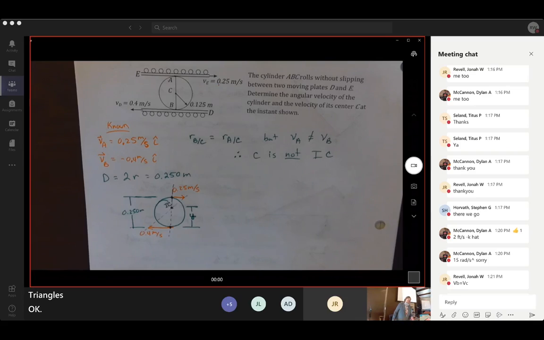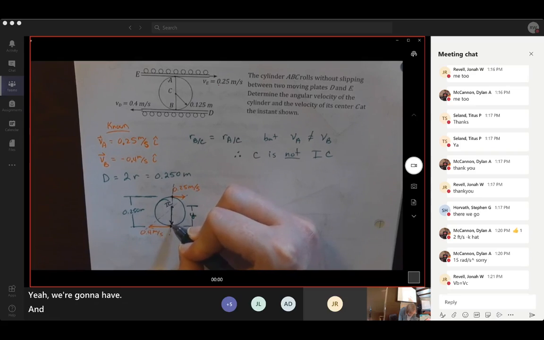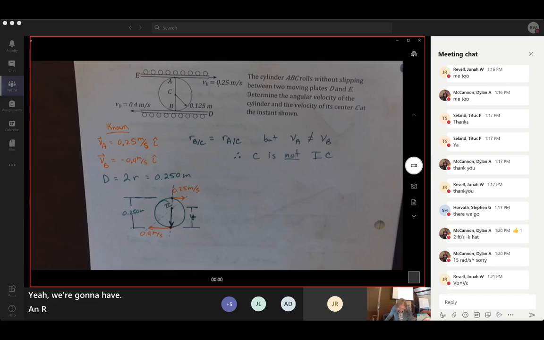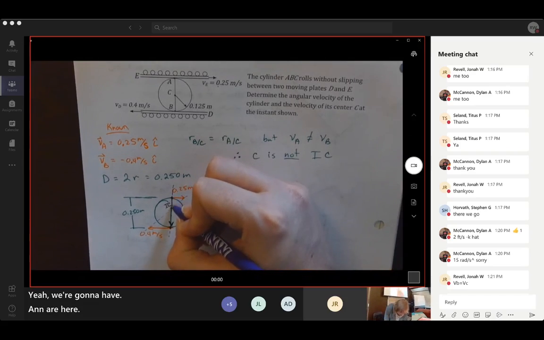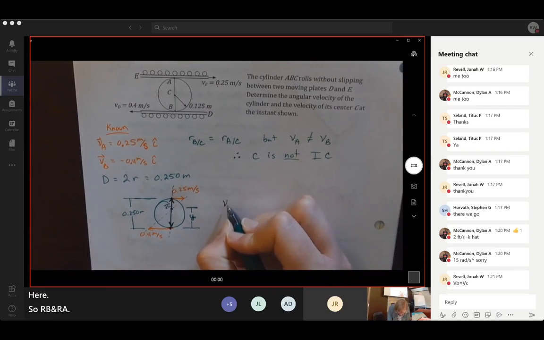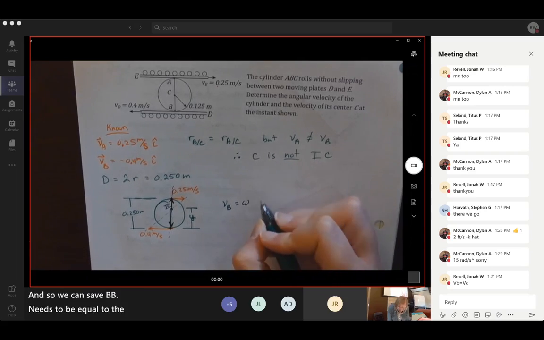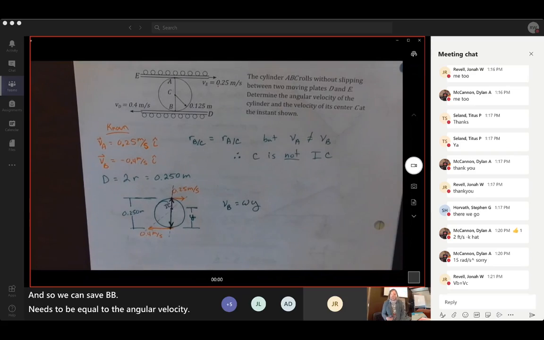So if we do that, we're going to have an R here and a different R here. So RB and RA. And so we can say VB needs to be equal to the angular velocity times that unknown distance.